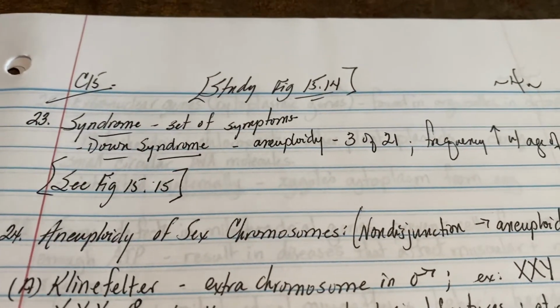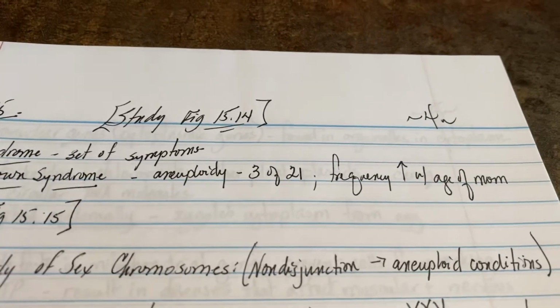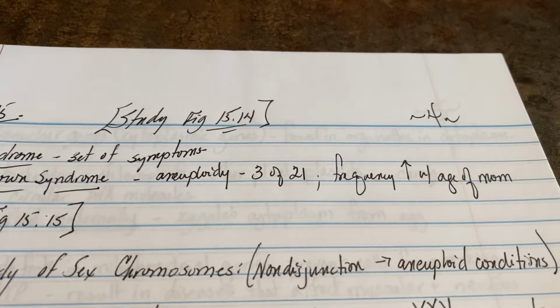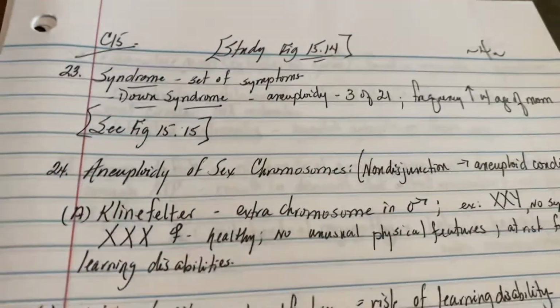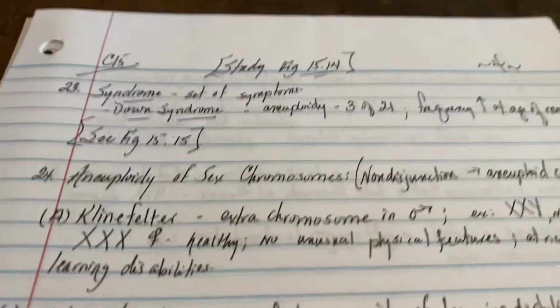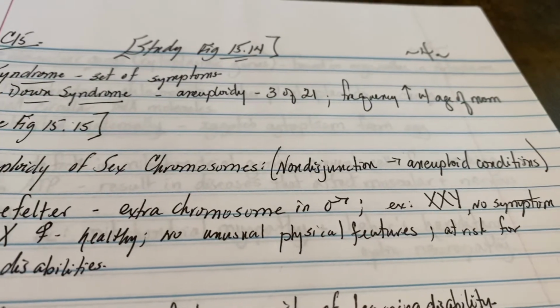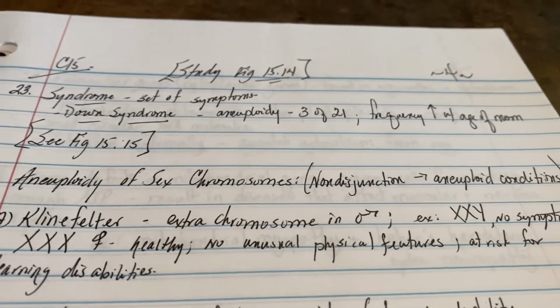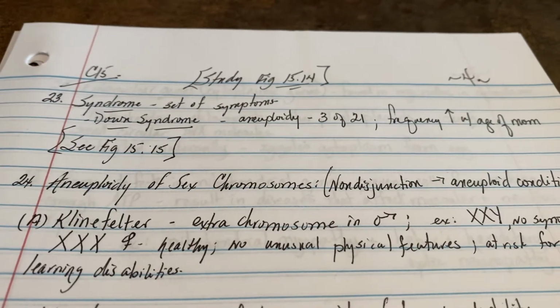With aneuploidy of sex chromosomes, remember, non-disjunction is responsible for the aneuploid conditions. And many of these we have talked about. Remember, Klinefelter, an extra chromosome in the male. For example, XXY, XXX for the female.